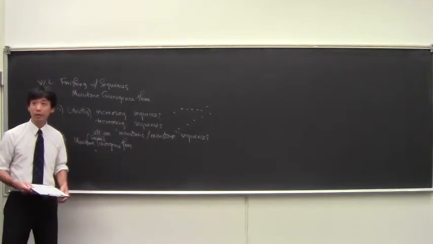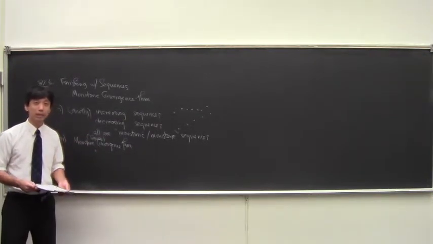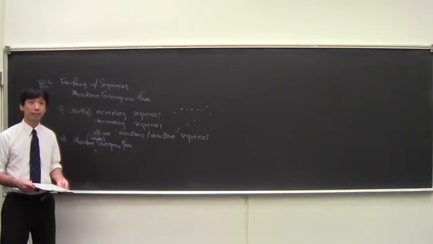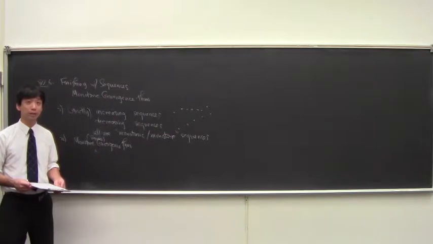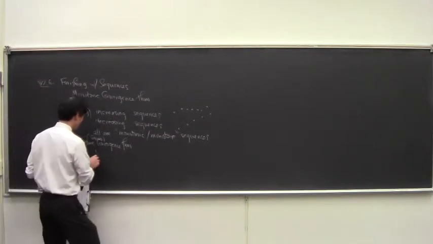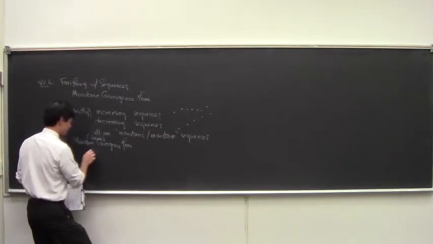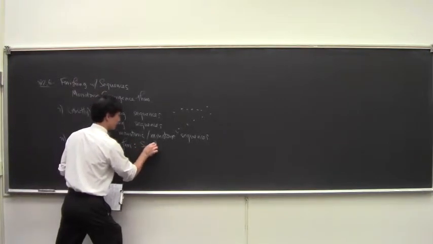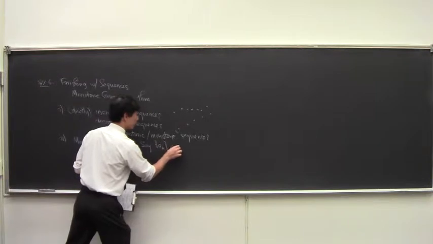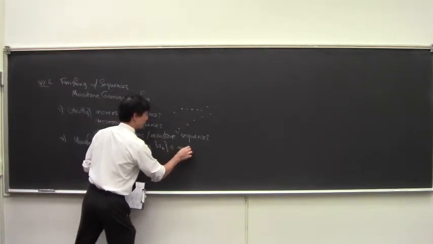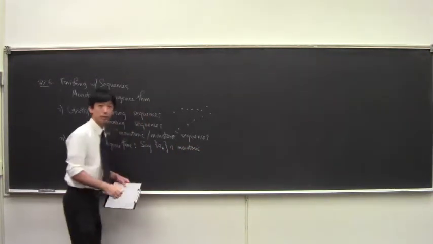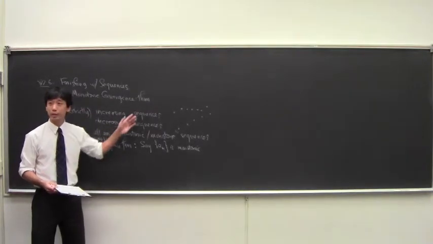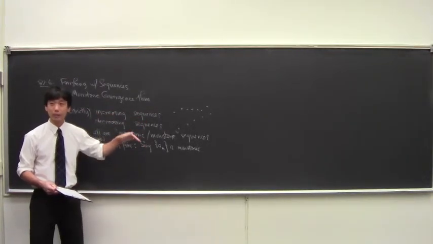Okay, can anyone tell me what that says? Yeah. If it's monotonic and it is bounded, then it has a limit. That's right. So it goes like this. Say a sequence is monotonic. So it's either strictly increasing or increasing, or it's strictly decreasing or it's decreasing.